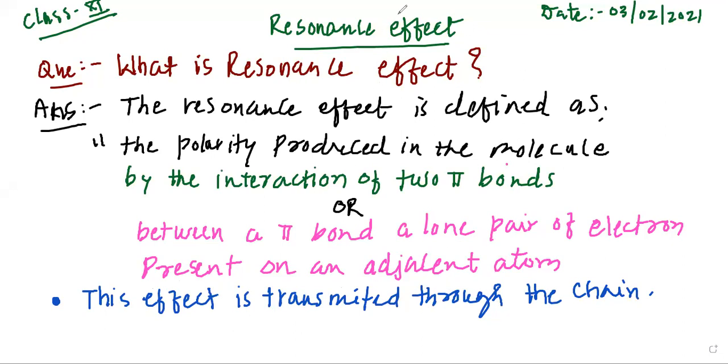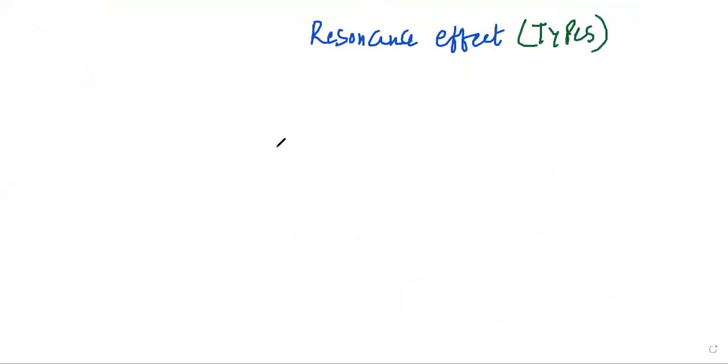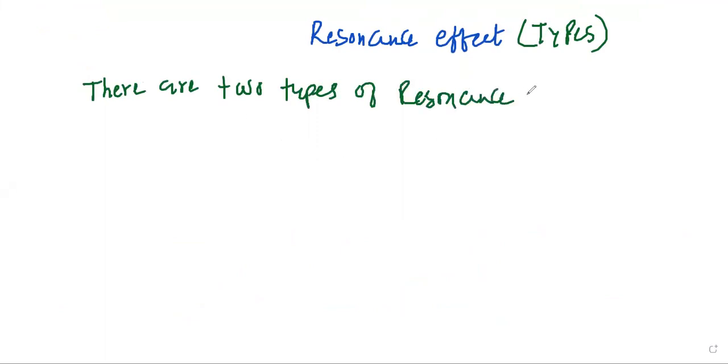Now let us understand about the resonance effect and its various types. So what are the various types of resonance effect? There are two types of resonance effect.